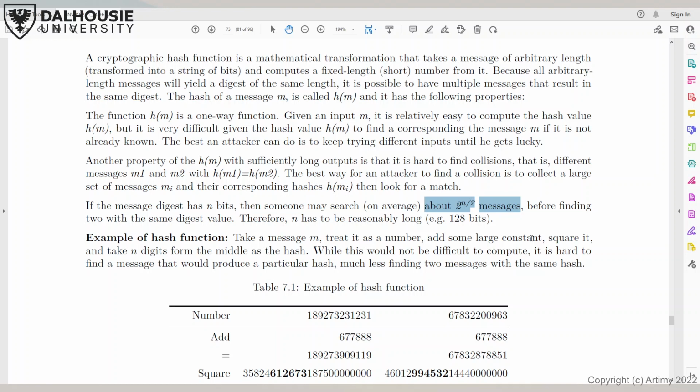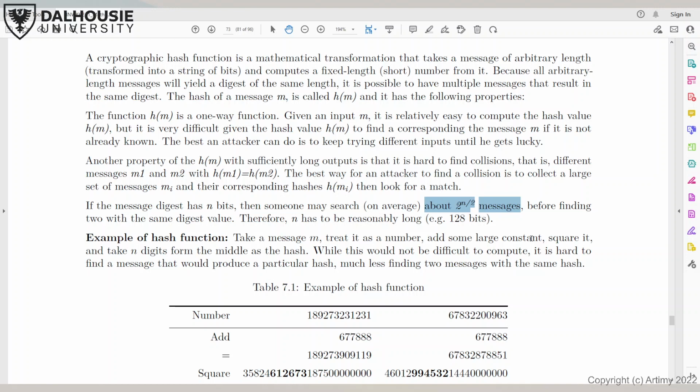So if my hash is 4 bits only, which is ridiculously small, it will take somebody 2 to the power of 2, which is 4 attempts on average, to find 2 messages that generated that hash.